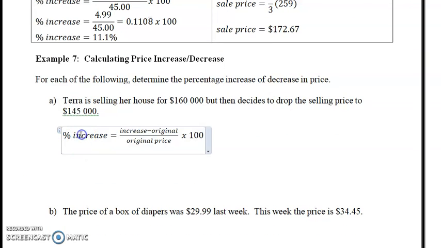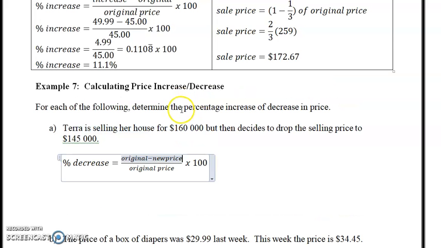This time we would take the original price and subtract the new price, because the number is going to be smaller. If we did it the other way, like we did before, we'd have a negative value, since it's a decreased price.